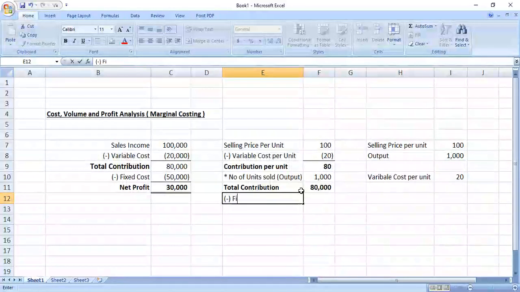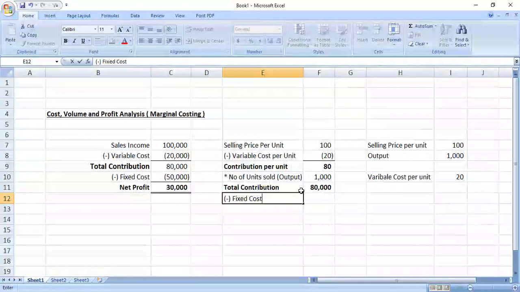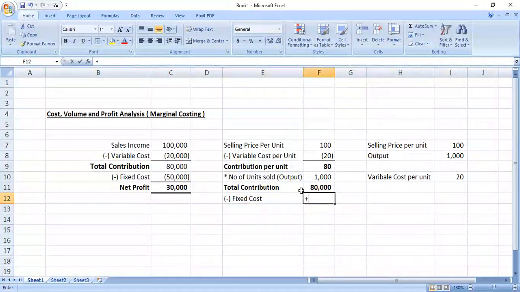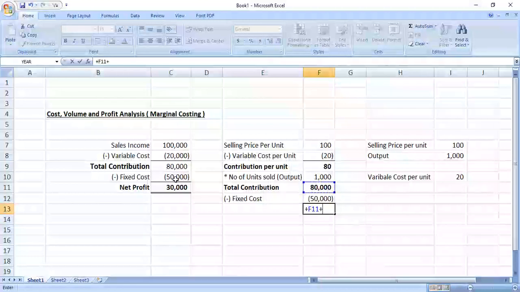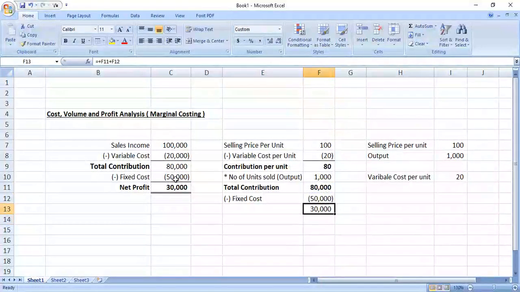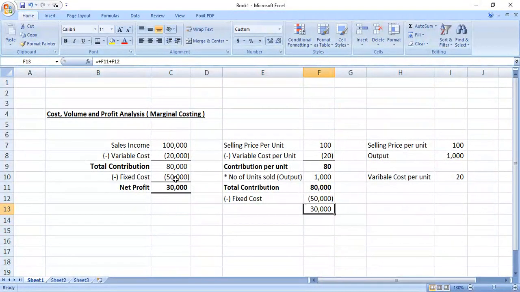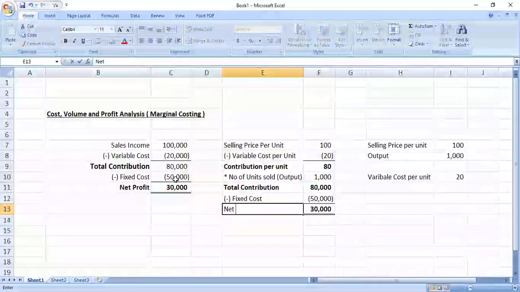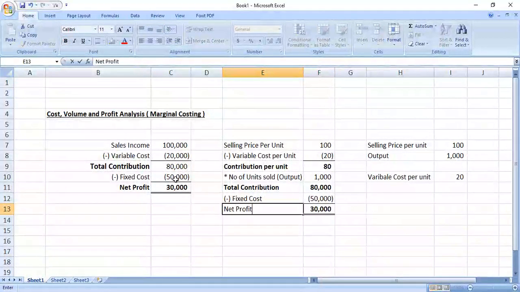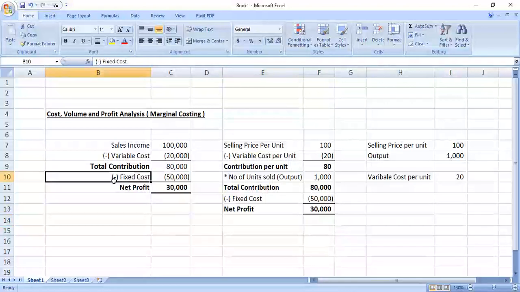So what remains? Fixed cost, which we know is 50,000. It's the same, right? So if you take 80,000 minus 50,000, that is 30,000, which is the net profit. Understood? So it is the same thing.